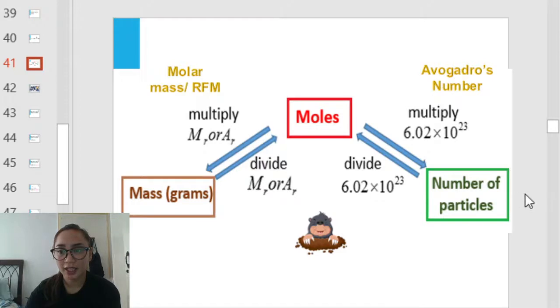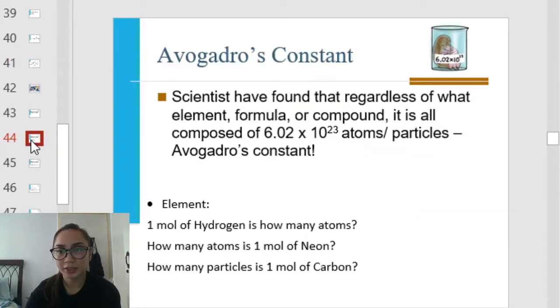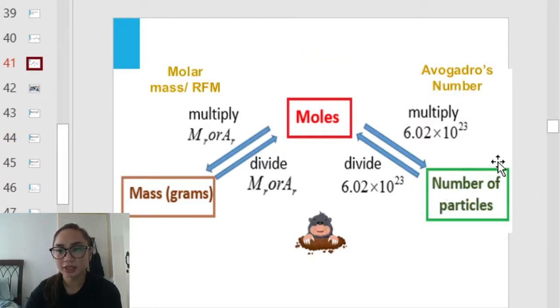So, again nga, meron tayong given na mole. Diba? As you can see, binigay sa atin yung mole. So, for example, here, no? 1 mole of hydrogen is how many atoms? Dito, tinatanong yung number of particles or atoms. So, you have to multiply it by 6.02 times 10 raised to the 23rd power.